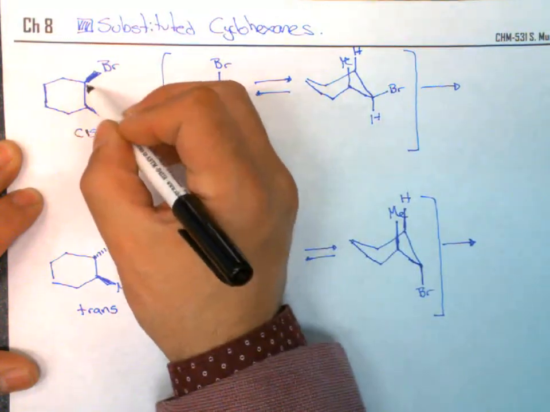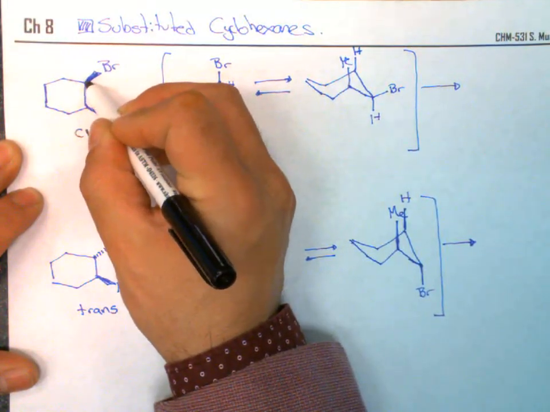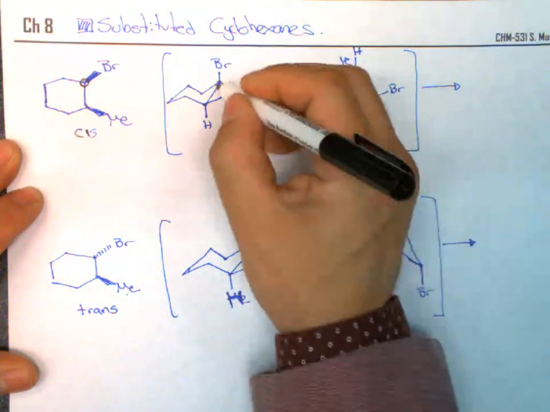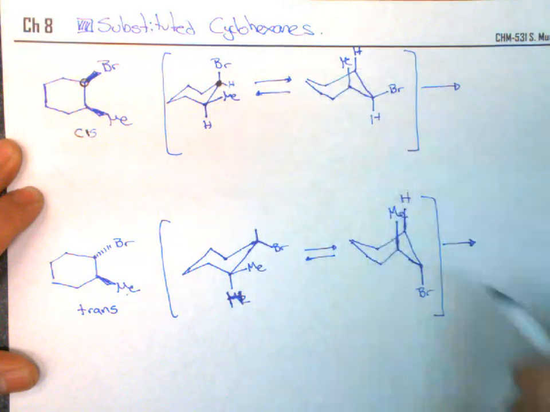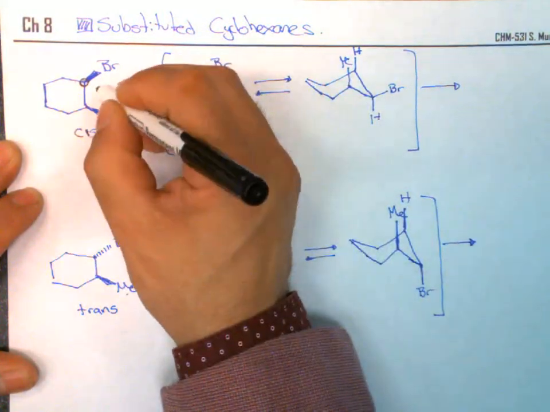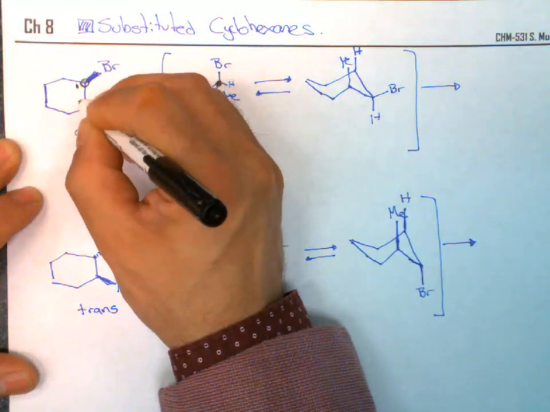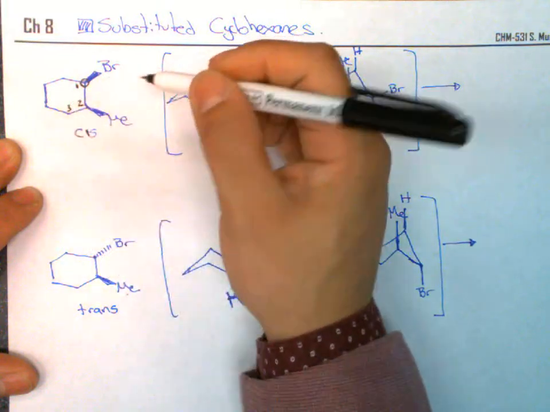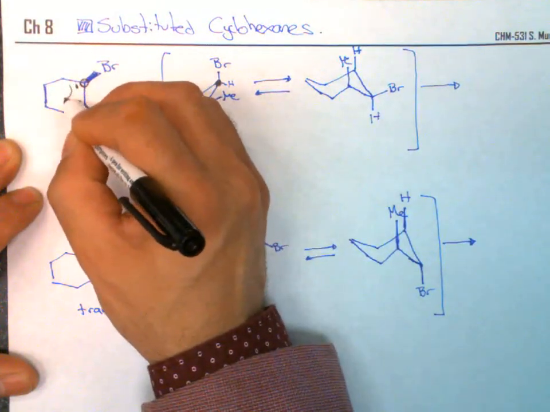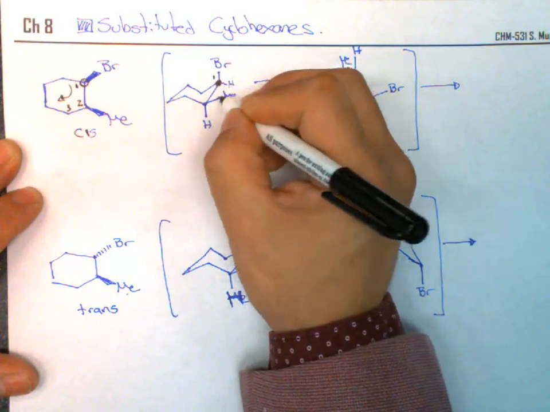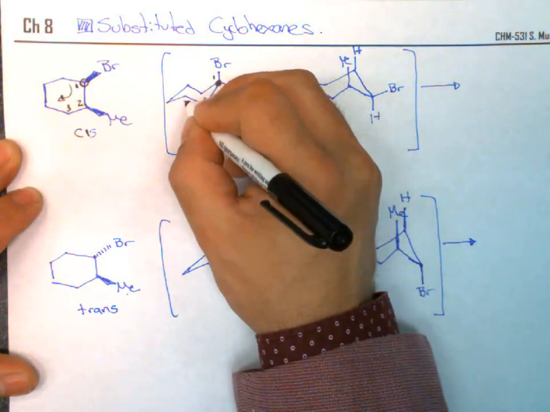Okay, so I'm just arbitrarily selecting this carbon to be the carbon on top or in the corner of my cyclohexane. And then I need to keep counting. This is 1, and this is 2, this is 3. So I'm going counterclockwise in my counting. I just need to be consistent. 1 and 2. And this would be 3.